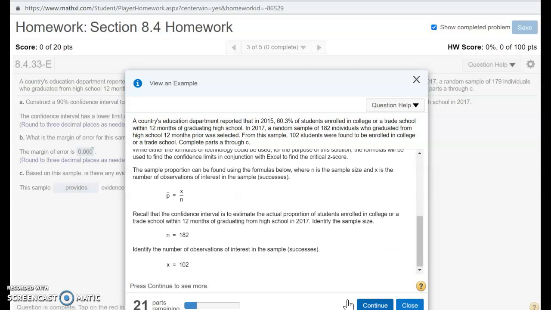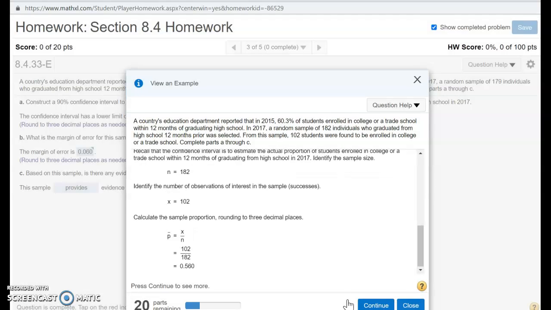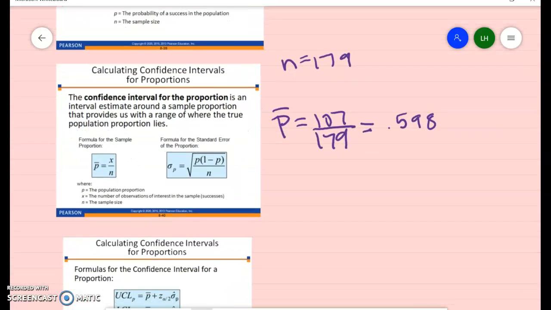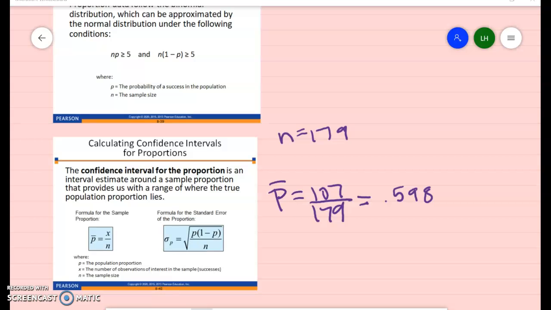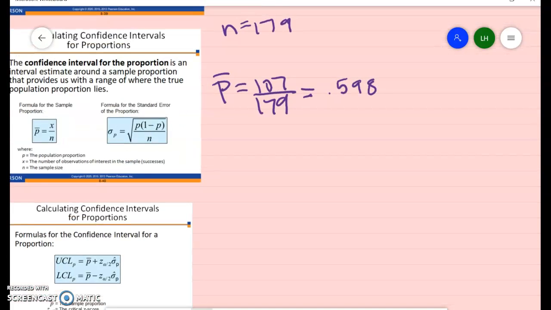In this example, our proportion is rounded to 3 decimal places, just like it said in the instructions. So 0.598 is our proportion, and n times p would be greater than or equal to 5, and also 1 minus p times n would be greater than or equal to 5. So we can use the normal distribution.